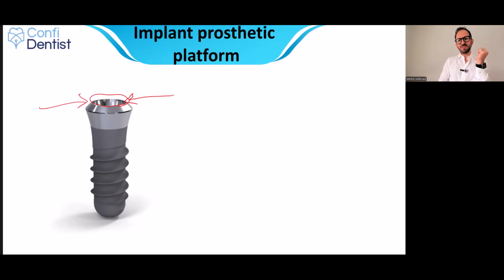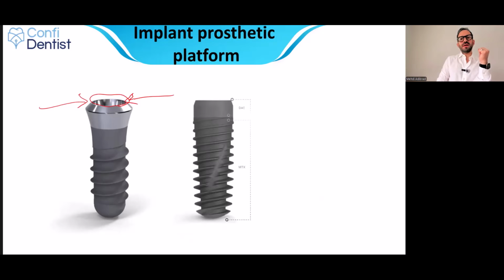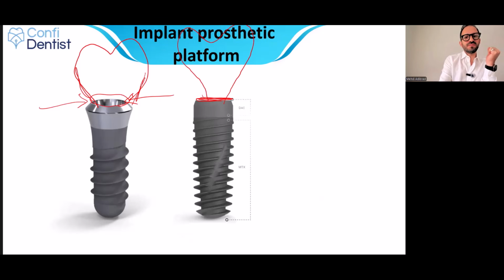Whereas on a bone level implant, this is my prosthetic platform. So later the crown will come and sit here. And then here we're going to have the crown like this.